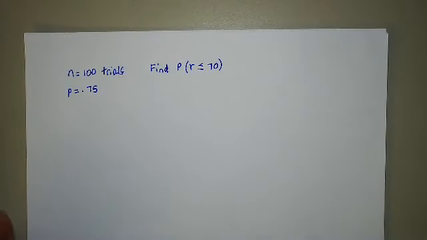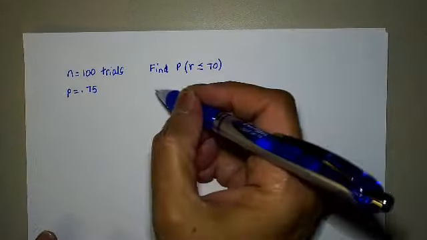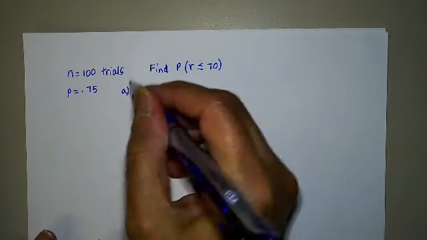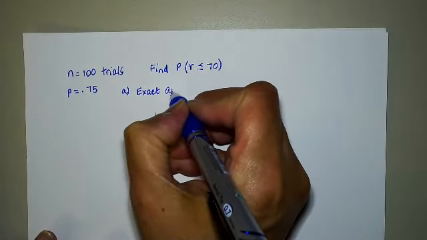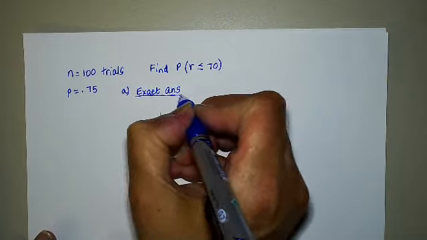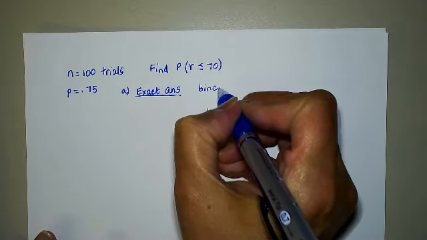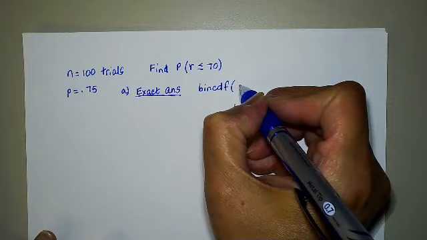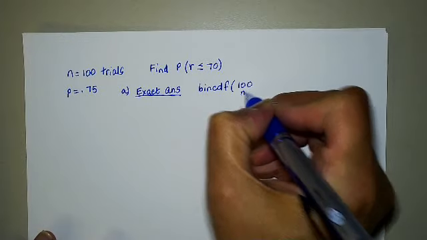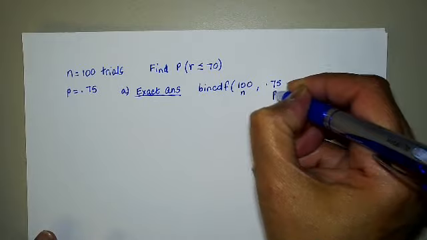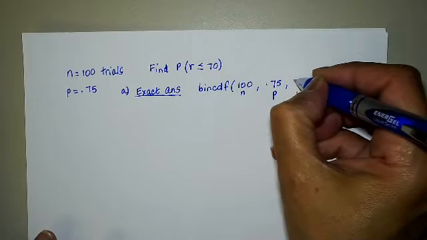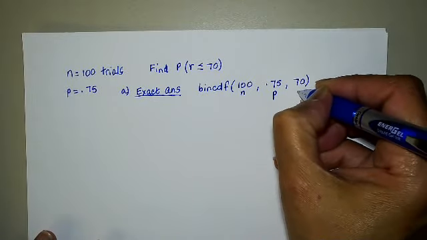You already know how to do this by binomial methods, correct? How? Let's do it, and then let's approximate it also. So A, exact answer. The exact answer to this is binomial CDF of n, p, 70.